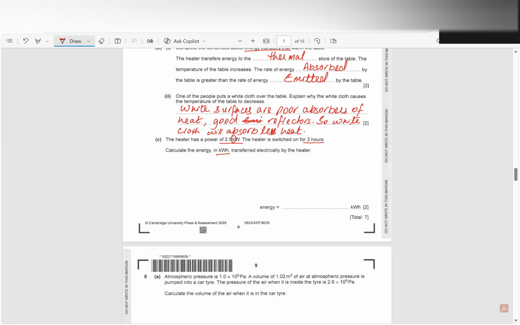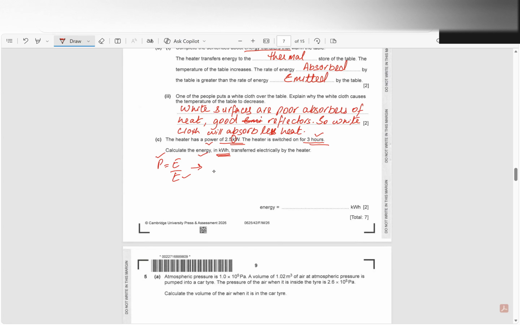Okay, so we have power, we have time, and we've been asked to calculate energy. Is there a formula that links the three? The answer is yes. The simple one: power is equal to the rate of energy transfer, energy over time. So this is what we'll work with. The unit conversion is not required because the answer is not changing the unit here, so we're going to simply work with the same units.